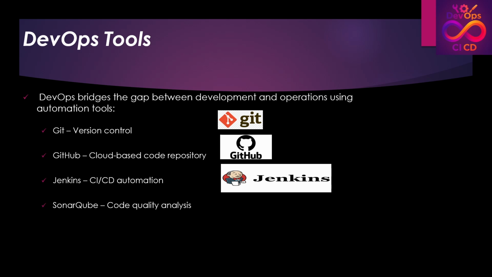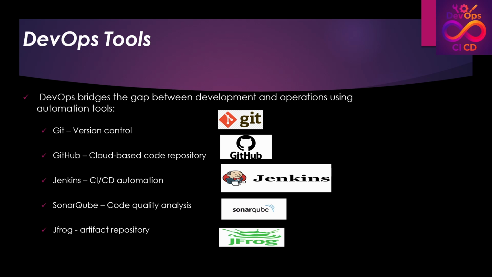SonarQube. SonarQube is a code quality analysis tool which is used to inspect the quality of our source code, like any bugs or vulnerabilities in the existing code. We can find out and fix those issues. JFrog artifact repository.